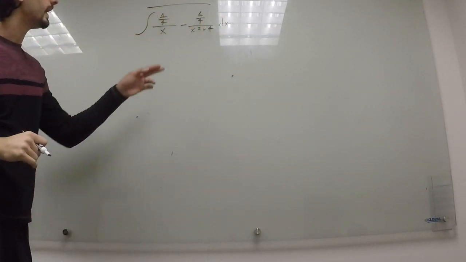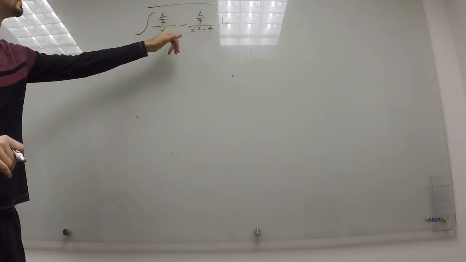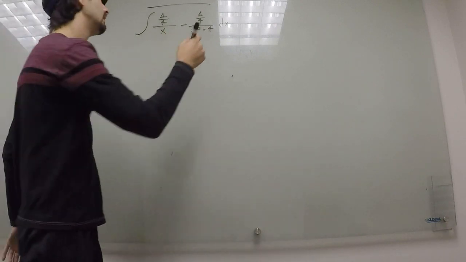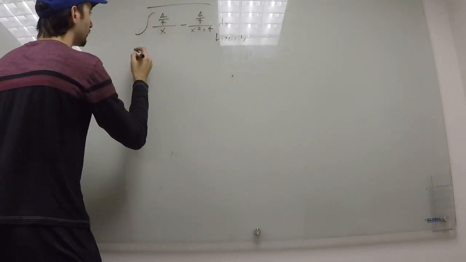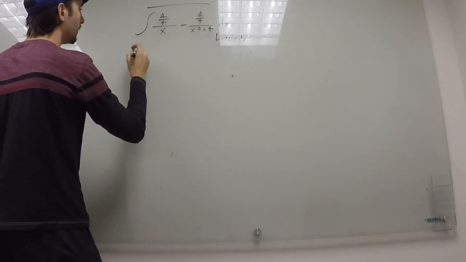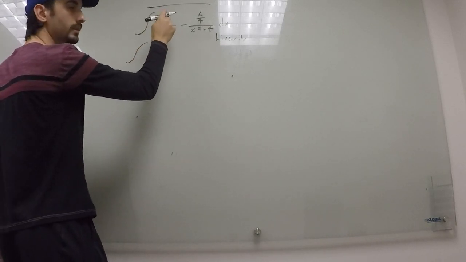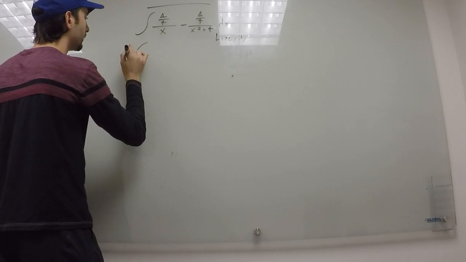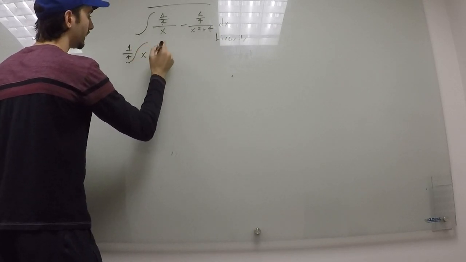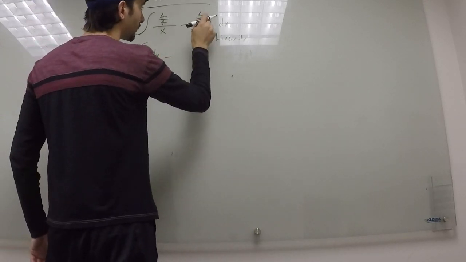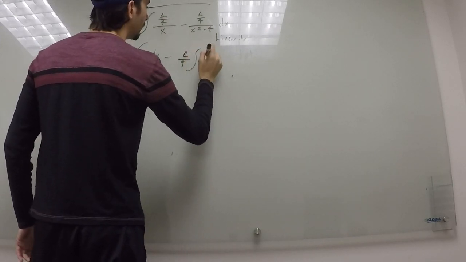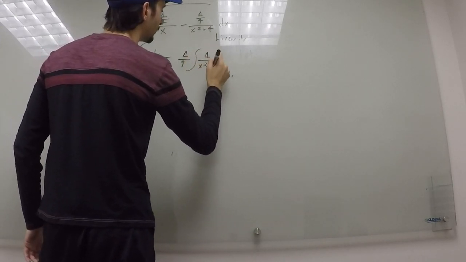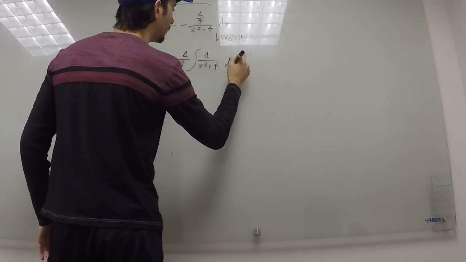Since we have a minus sign here, we can apply linearity and separate the integrals into two separate functions. Since 1/4 is a constant on the top, we pull that out of the first one, and do the same for this one.